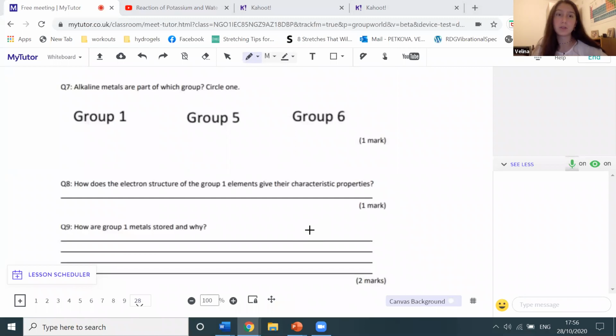How does the electron structure of the group 1 elements give their characteristic properties? In group 1, how many electrons are in the outer shell? Brilliant. So that's why they have the characteristic properties, because they have one electron in their outer shell. They want to lose just the one. So how are group 1 metals stored and why? Perfect, because they're super reactive and we don't want them reacting with the oxygen. Well done. Everyone's got that?